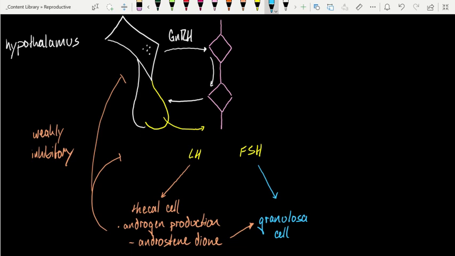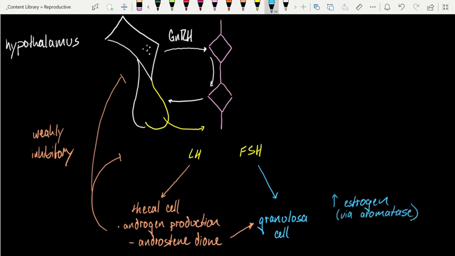So one of the things that the granulosa cells do is increase estrogen secretion. And it's important to recognize that they're not producing estrogen from scratch, but rather they're converting the androgen from the thecal cell into estrogen, and this conversion is done by an enzyme called aromatase. So they have increased aromatase activity.